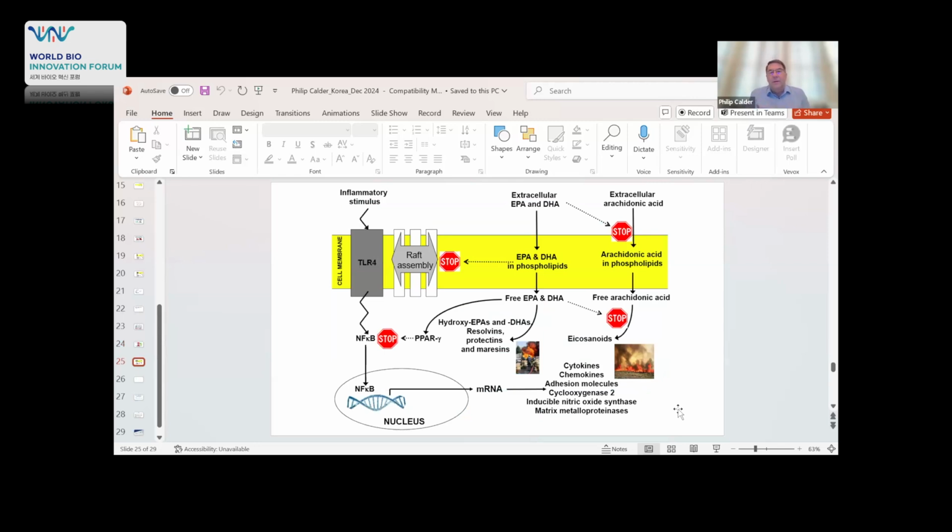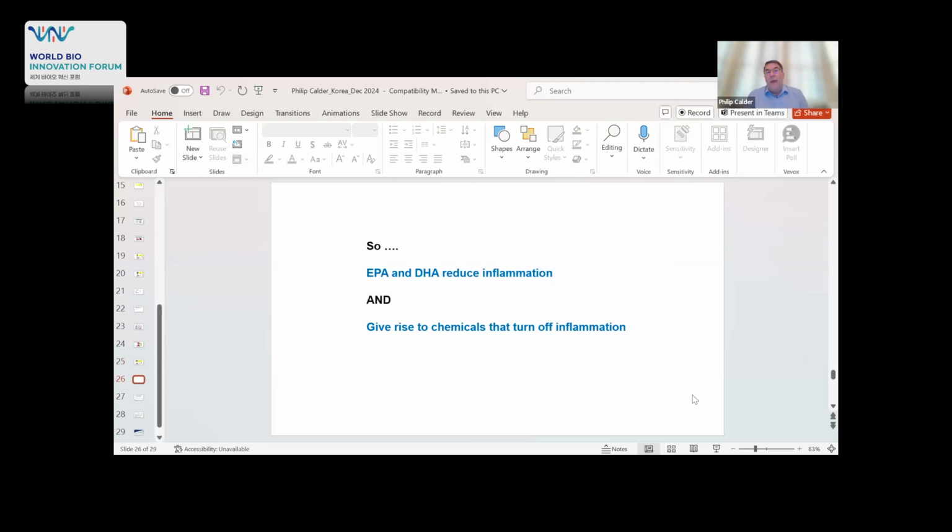So what I've added to my mechanistic scheme here is the production of specialized pro-resolving mediators leading to resolution of inflammation. So omega-3 fatty acids are both anti-inflammatory, so they decrease inflammation, but they also give rise to the chemicals that resolve inflammation. So they're anti-inflammatory and pro-resolving.